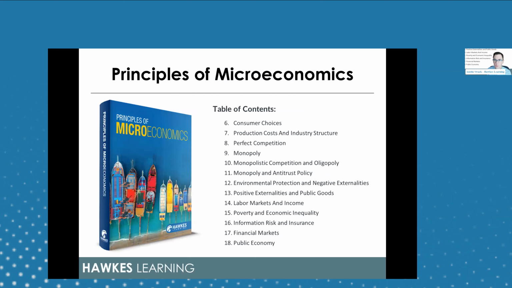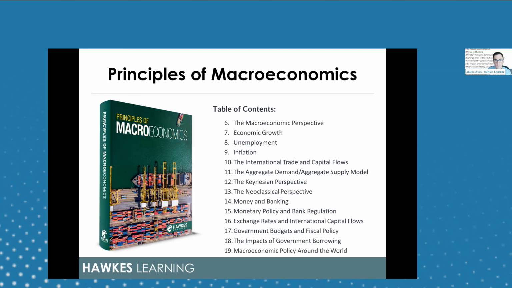Speaking of those 2 titles, here is a small outline of what the table of contents looks like. I think you'll find it's very standard fare for what you would expect a macro and micro text to be. And we also have a Principles of Economics text, which combines the chapters from Principles of Micro and Principles of Macro into one cohesive package.